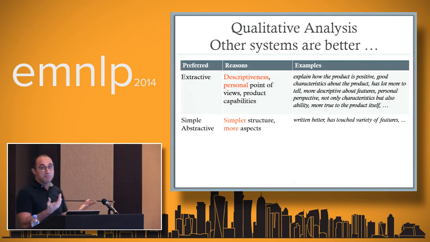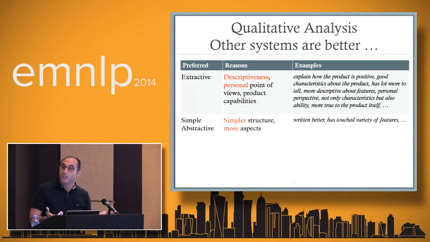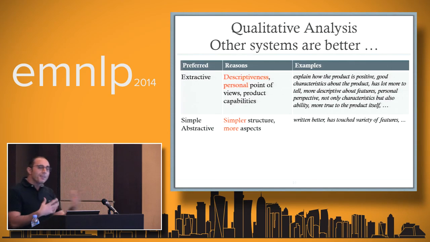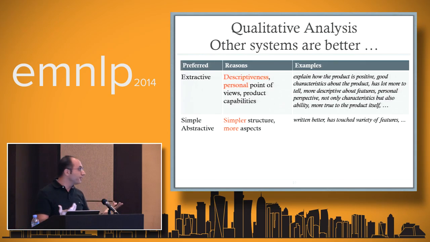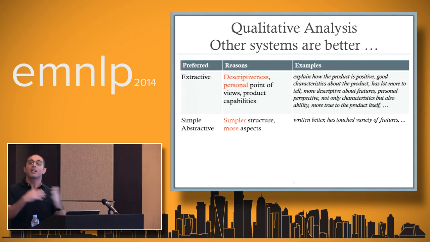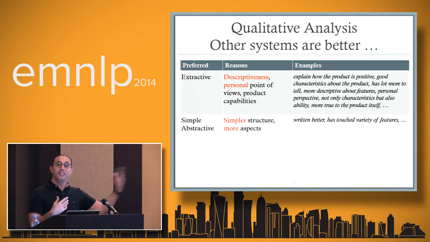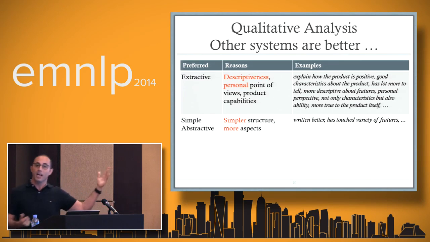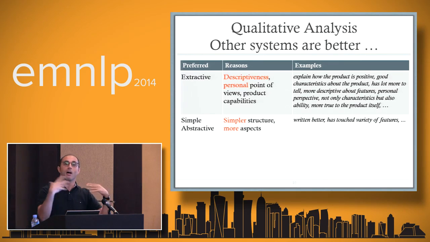Why? Because they said that it's more descriptive, or it shows a personal point of view, or it shows some product capabilities. And sometimes they like the simple abstractive one because it has a simpler structure and it can cover more aspects. So these kinds of analyses can really help us to further extend our approach and improve our natural language generation framework.